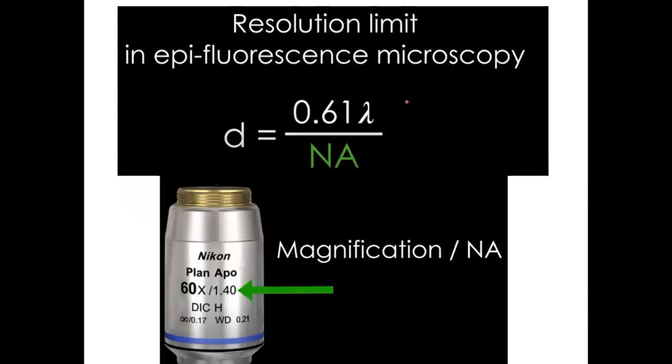There is a definite solution given by a scientist, known as the Rayleigh criterion. This is the formula. Here you can see that D is the distance. This distance is equal to a constant 0.61 times the wavelength of light that is generating the image, divided by the numerical aperture of the lens, in short written as NA.